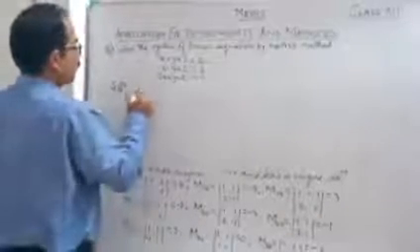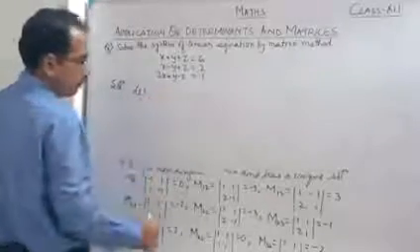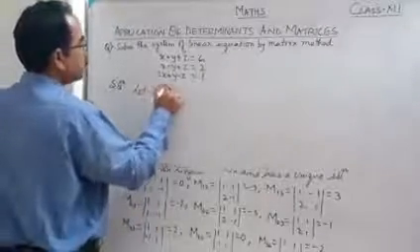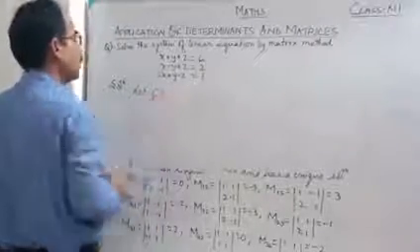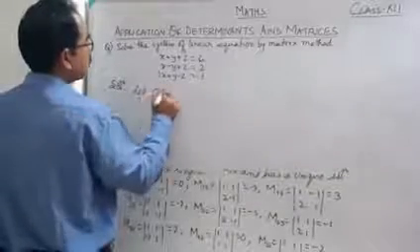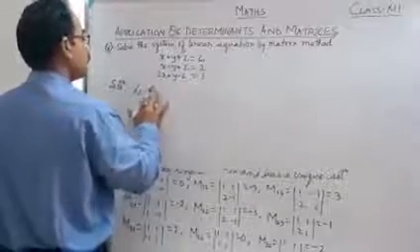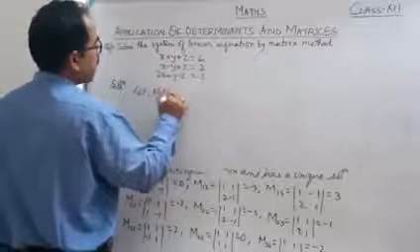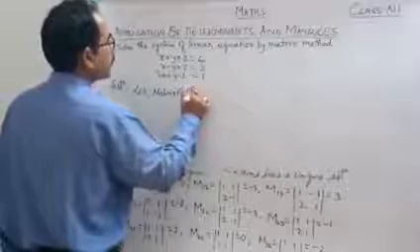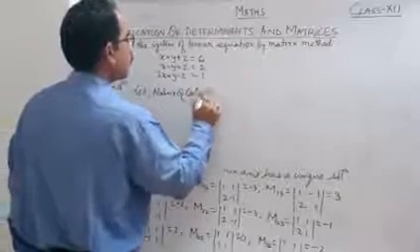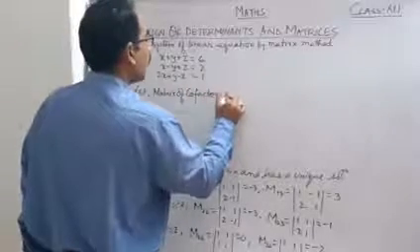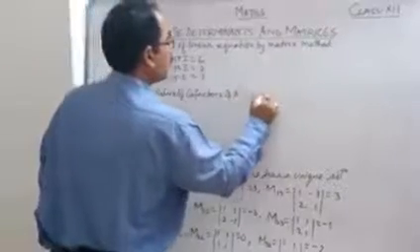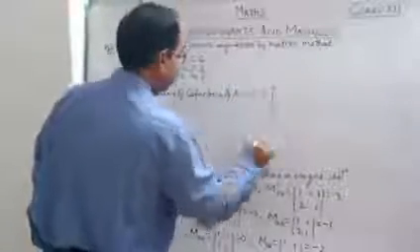So after that, let's see the matrix of the cofactors. Let the matrix of cofactors of A equal C. What will it be?